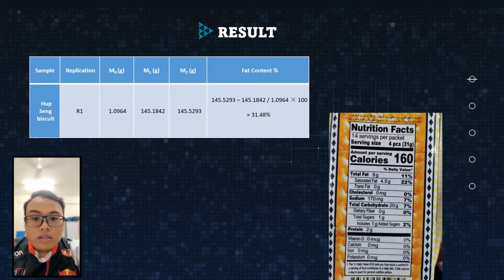From the formula, we get the answer of 31.48%. So from this, we can compare with the nutrition facts on the label of the Hupsan biscuit. What is the saturated fat in one biscuit? So that's all from me.